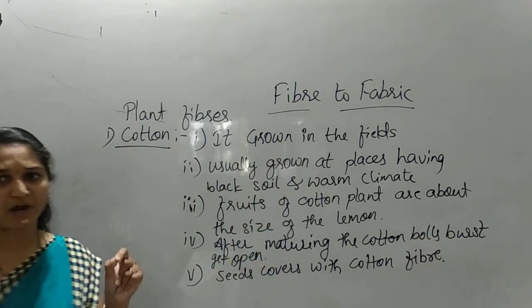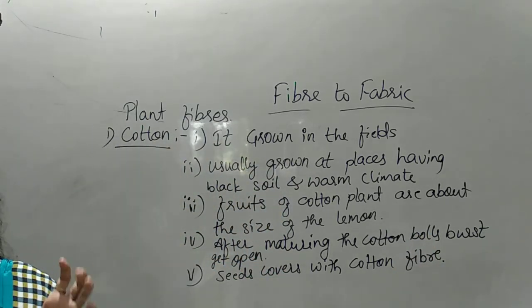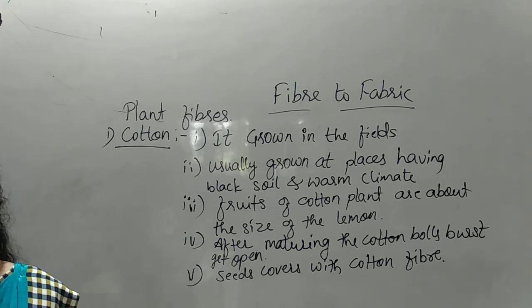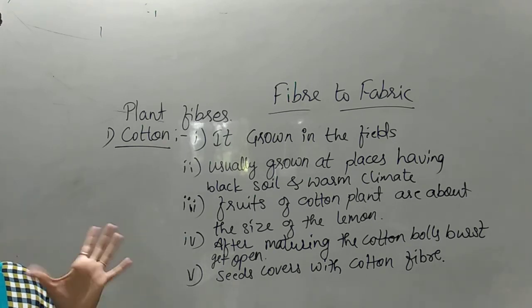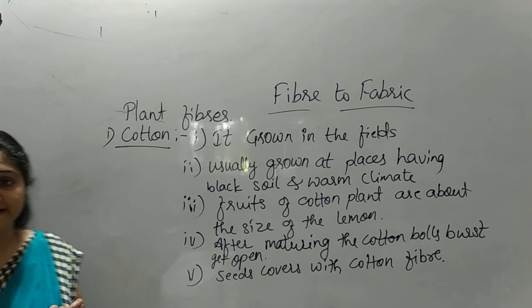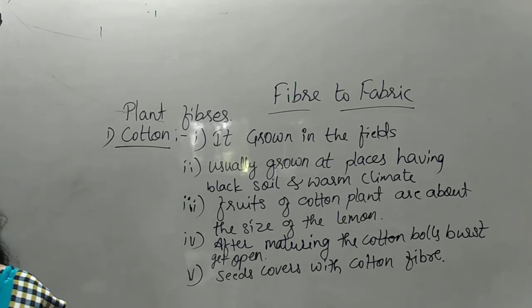We have seen that the brown color and black color seeds will be there in the cotton wool, right? If you take this much cotton, then we can see that the seeds are inside the cotton fibers. Then, picked by hand, the fibers are separated from the seeds by combing.